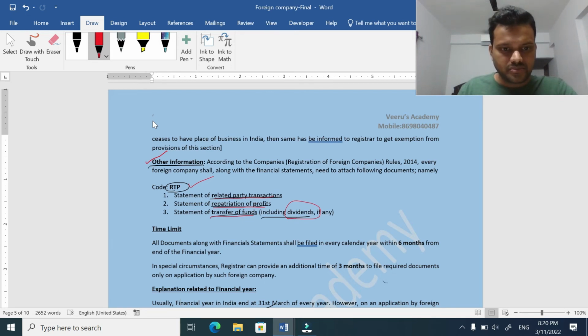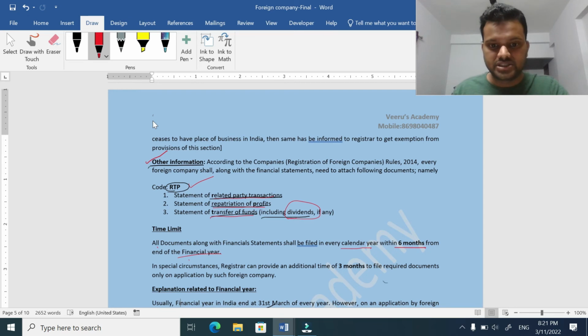Now, time limit. By when does all of this need to be filed? Within 6 months from the end of the financial year. This has to be filed every calendar year within 6 months from the end of the financial year. For example, the financial year in India ends on 31st March. April, May, June, July, August, September. By 30th September, they have to file the financials.